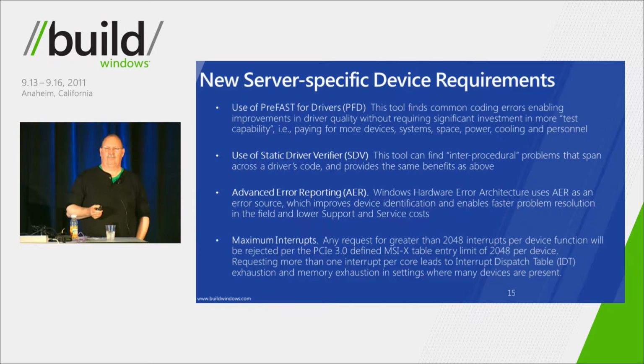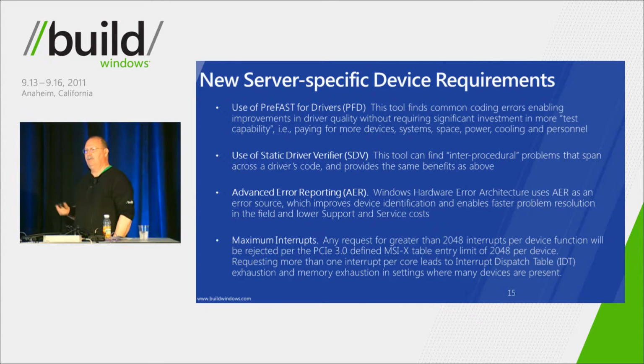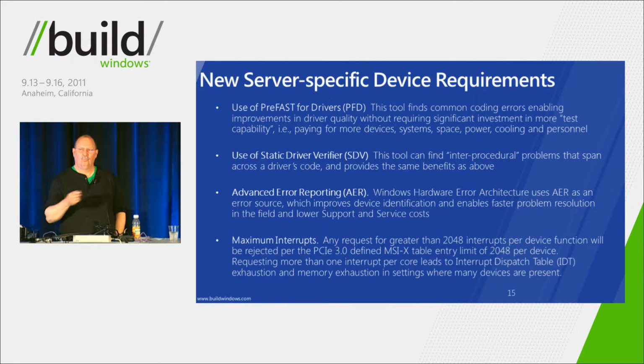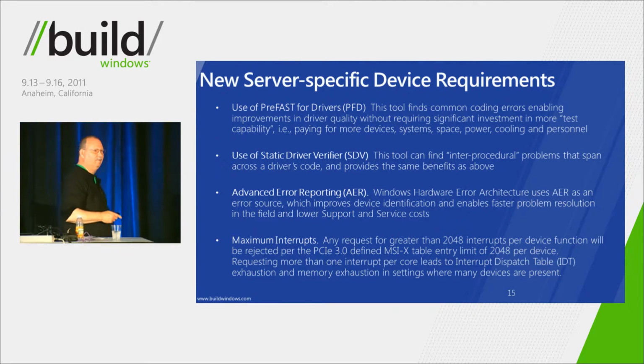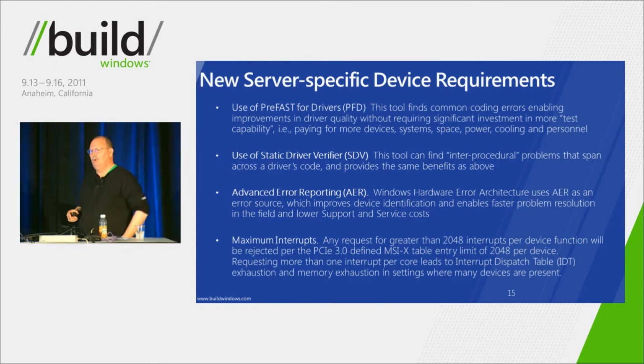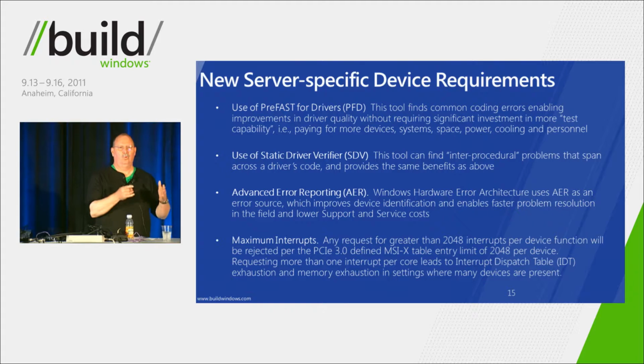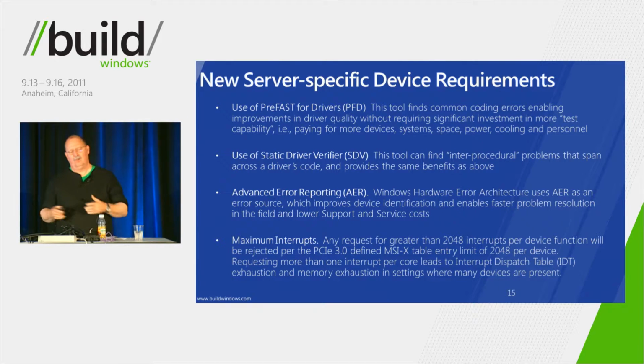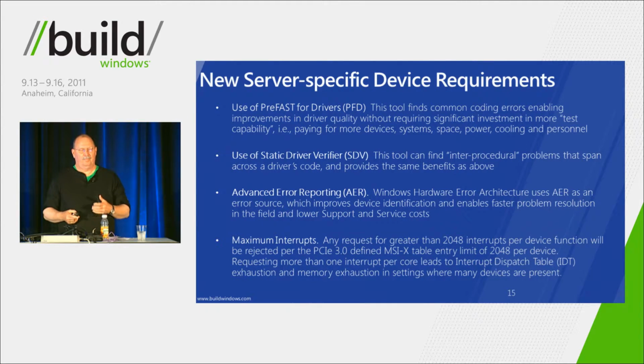Now, what does that give us? Going back to the idea of improving RAS, AER is an error source for the Windows Hardware Error Architecture, excuse me. So AER can feed WHEA. WHEA fills up the event log and says, oh, by the way, there was a physical hardware event that occurred in an adapter, and that can probably be correlated to some sort of crash or some other problem that happened, right?